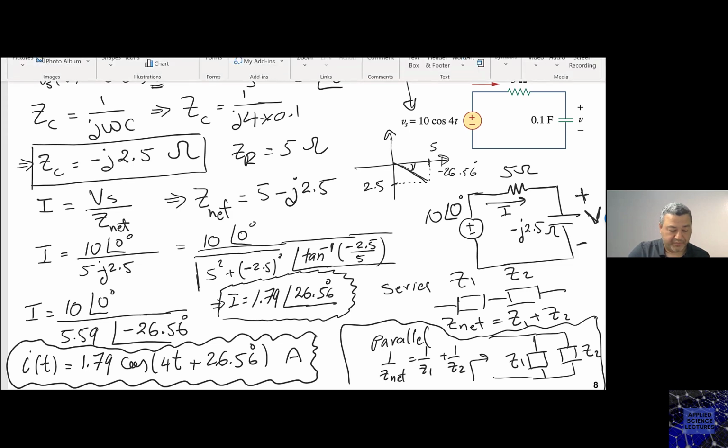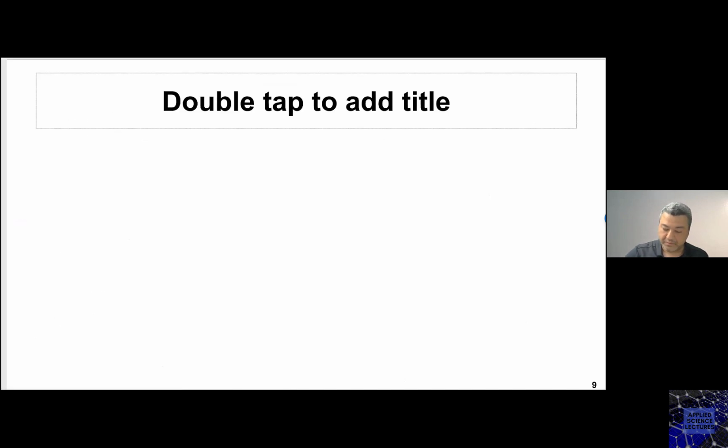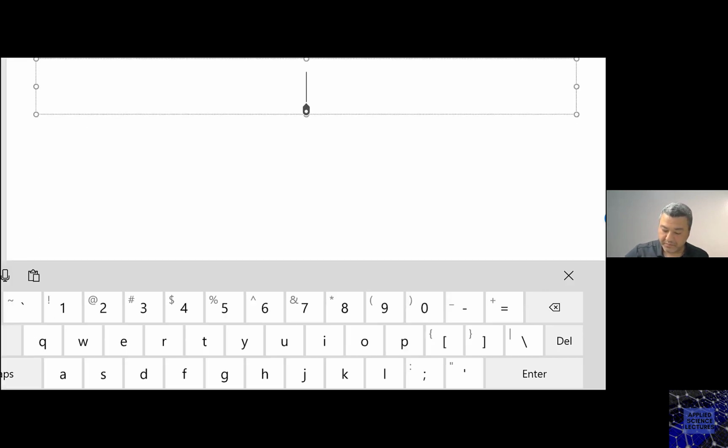So now if we want to calculate the voltage, V would be this current we found in phasor times the impedance of the capacitor, right?